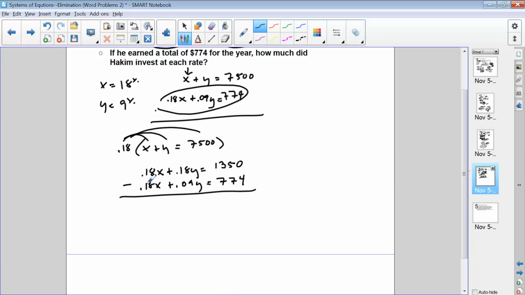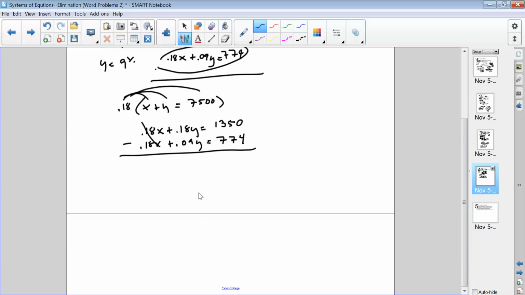So again, I said I wanted to eliminate X. So when I subtract, that disappears. And this will give me 9 hundredths Y. And I do the subtraction here. 1,350 minus 774 should give me 576. And then I divide both sides by 9 hundredths, and I get Y is equal to 6,400.